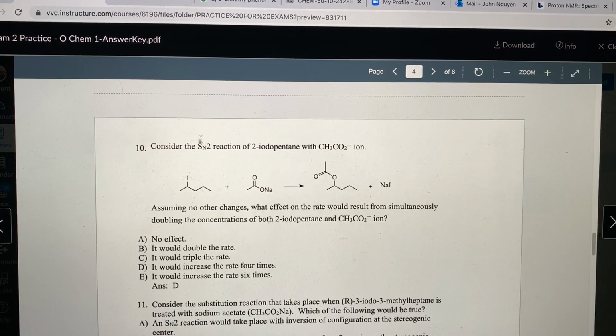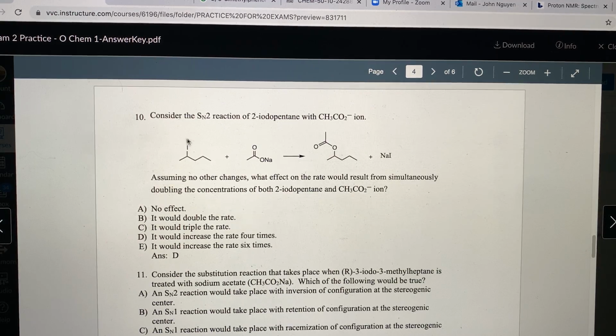That's a good substitution reaction. Here's another substitution reaction, but this one tells you exactly what it is. You have an iodide right there, and this is secondary, so it's acceptable for an SN2 reaction. You have a moderate nucleophile. Anything minus, don't worry about the sodium, that's a counter ion. Anything with minus is a decent nucleophile.